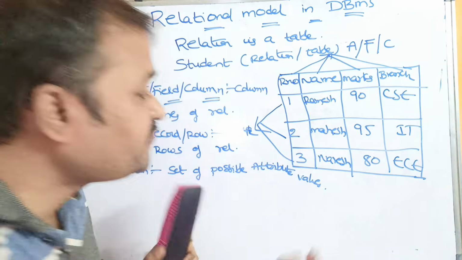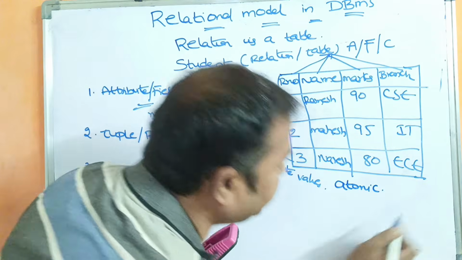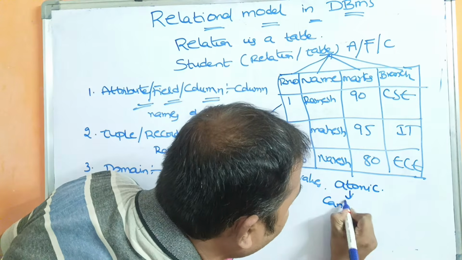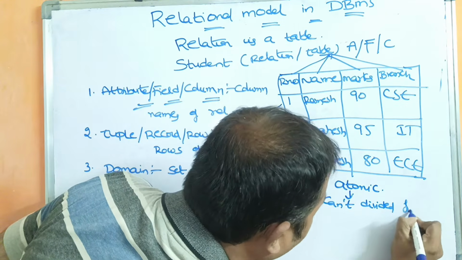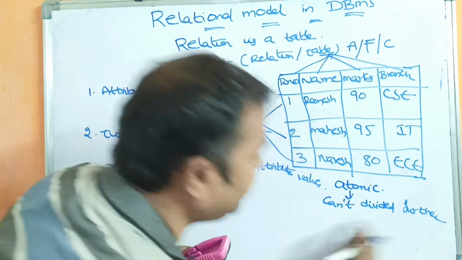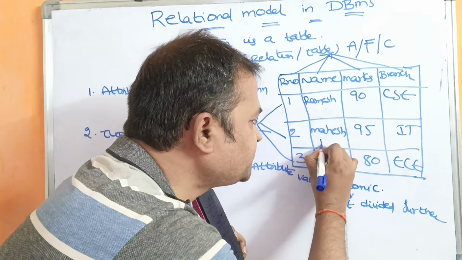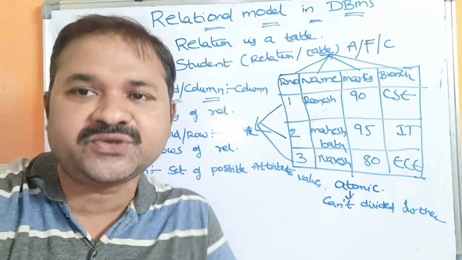Here attribute values are atomic. Atomic means attribute values cannot be divided further. Let the attribute value be Mahesh space Babu. We can't divide Mahesh space Babu into two values.